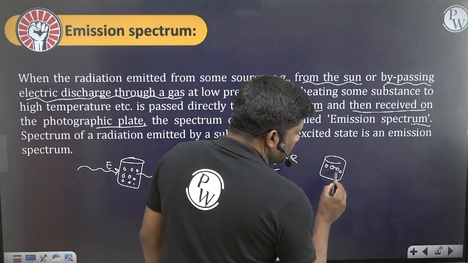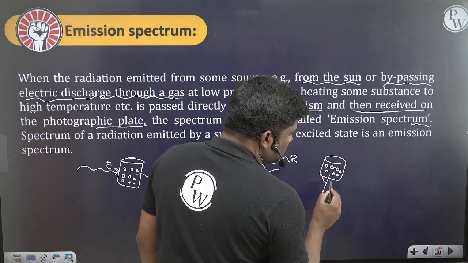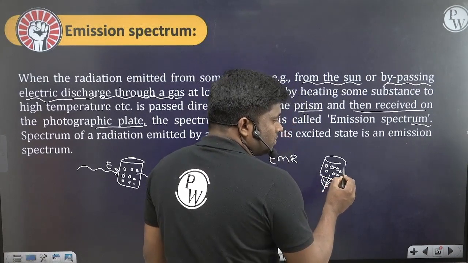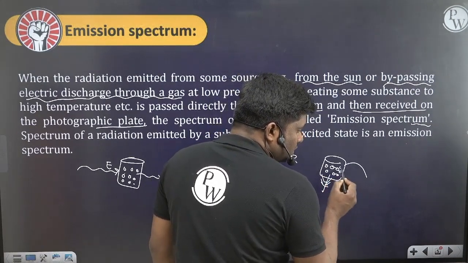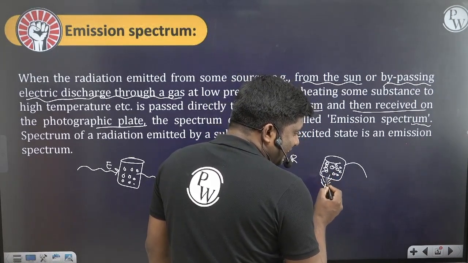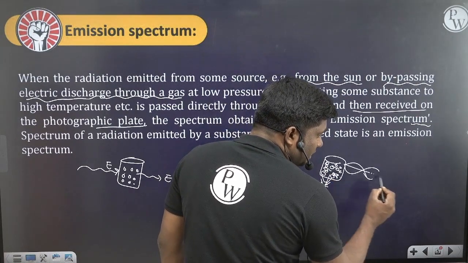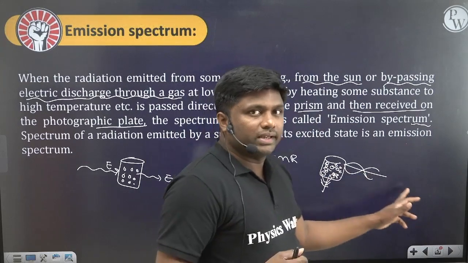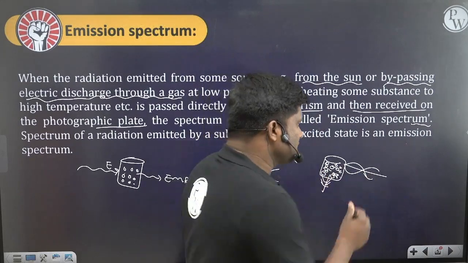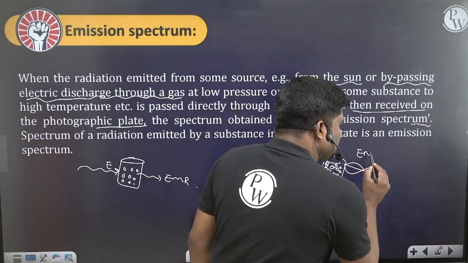For example, when gas molecules are heated, what happens? The particles absorb the heat, and whenever these particles absorb the heat, they can get accelerated. If they get accelerated, electric field and magnetic field is generated and travels in this direction. What do we call this? Electromagnetic radiation.